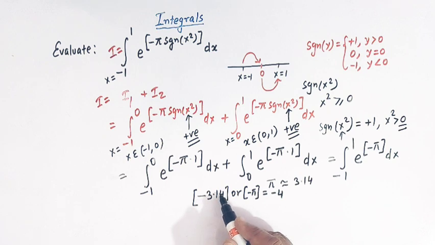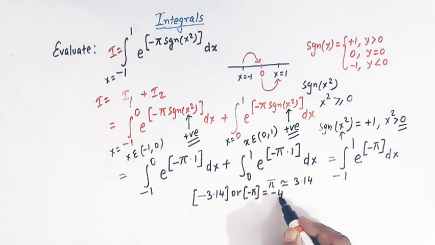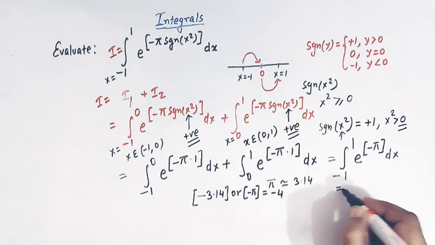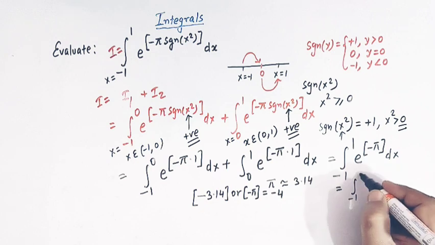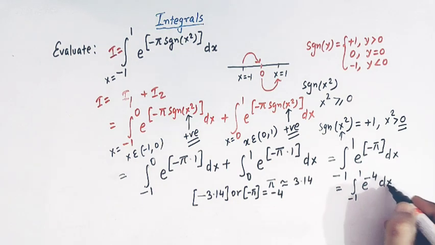The greatest integer less than or equal to negative 3.14 is minus 4. So this integral is minus 1 to 1 of e raised to minus 4 dx.